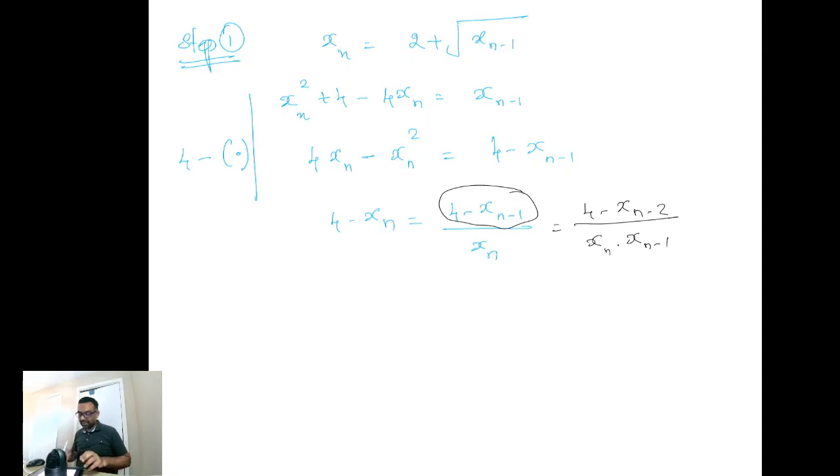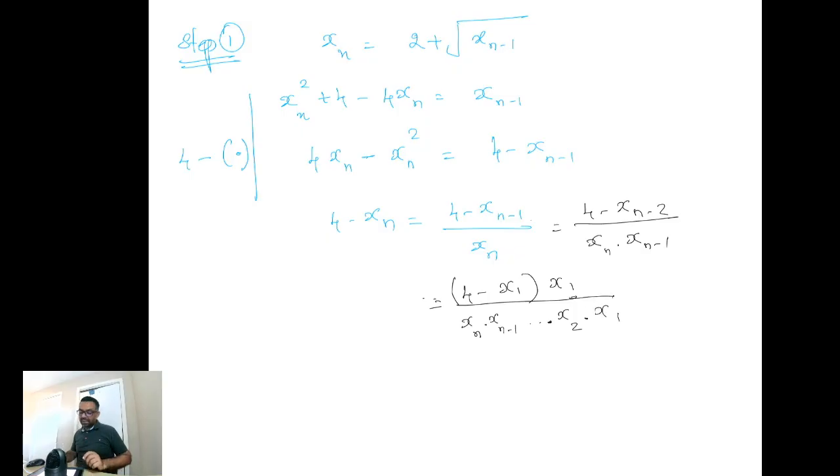So just like how we had an xn here, for xn minus 1, I can again expand it one step further, correct? Now, if I do the same expression one more time and so on, if I keep going, what is the final result that I'll have? I'll have something like 4 minus x1 divided by xn times xn minus 1 and so on up to x2. That's what we'll have. Let me multiply on both sides by x1.